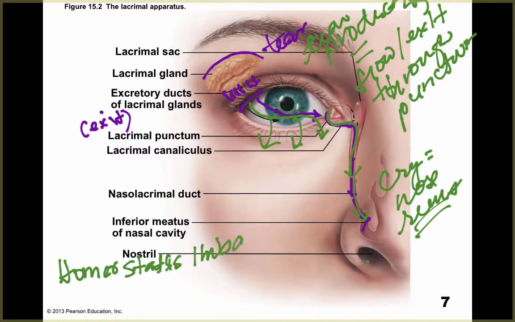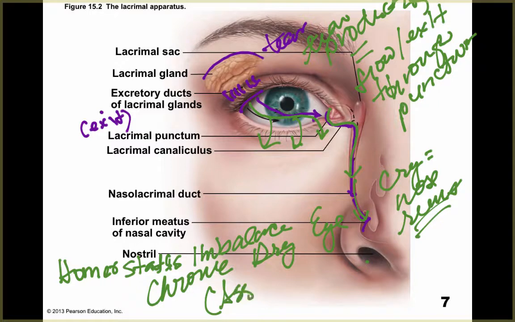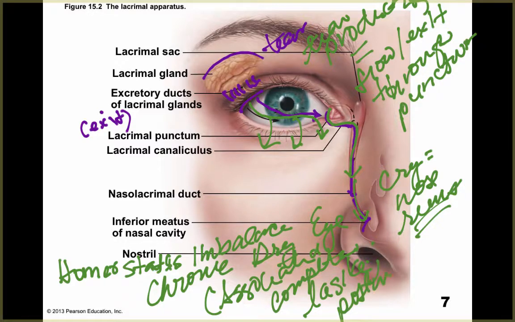Imbalance. And an imbalance for this is what we know as chronic dry eye. The cause is unknown. It's associated with computer use, LASIK eye surgery, postmenopausal women.